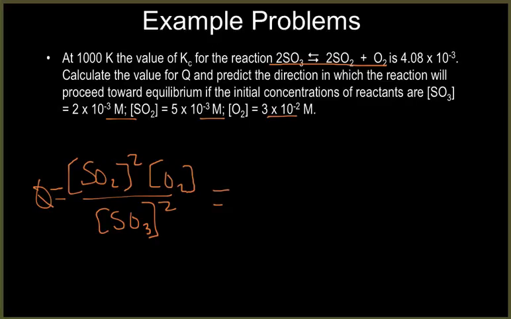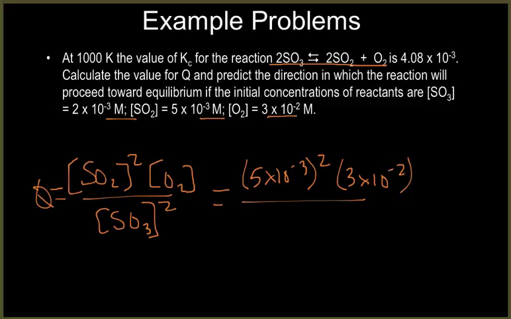So then when I substitute those values in, I have 5 times 10 to the negative third squared times O2, which is 3 times 10 to the negative 2, divided by 2 times 10 to the negative 3, also squared. So this Q value ends up being 0.2.